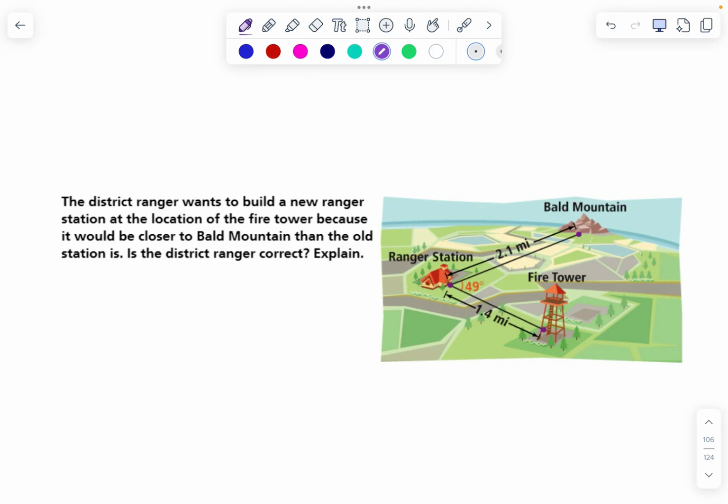It says, let's see if I can boil this down. This ranger says that the new ranger station at Bald Mountain would be closer to Bald Mountain than the old station is. Whew. Okay. So what are we given? What are we asked to solve for? Closer implies is that angle or length?